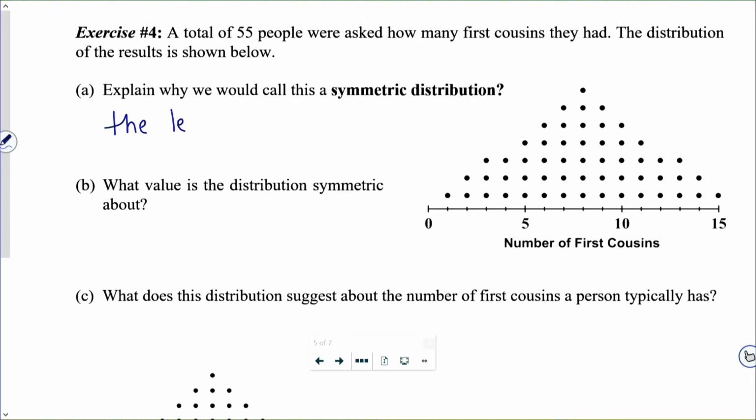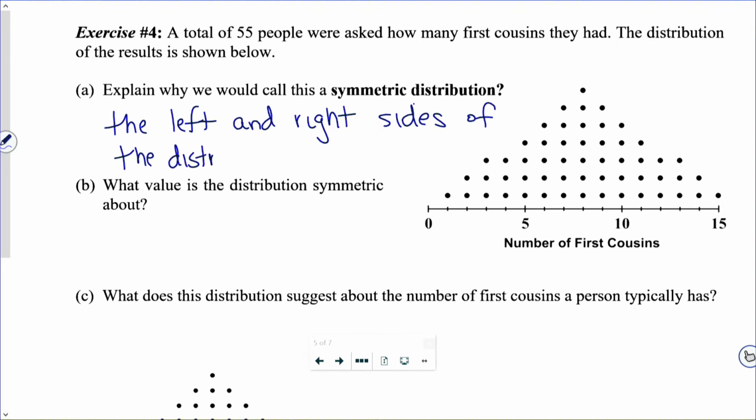The left and right sides of the distribution look the same.